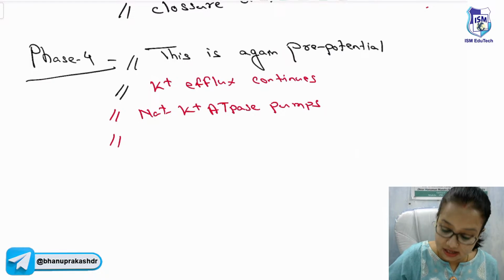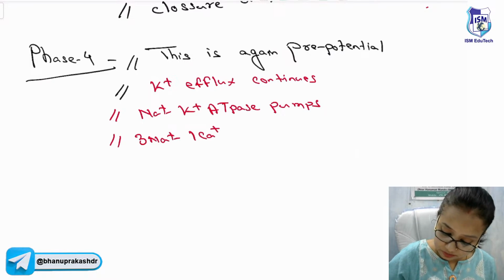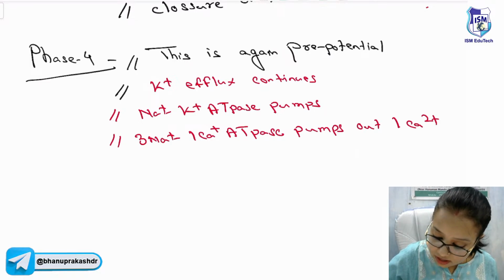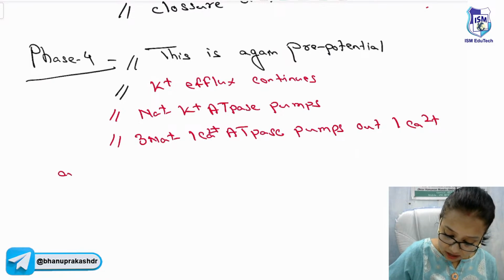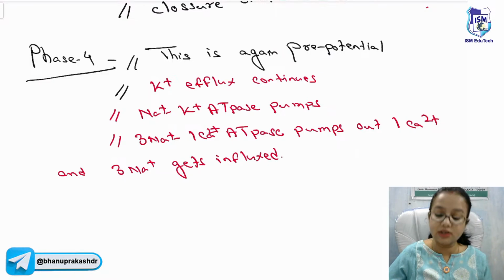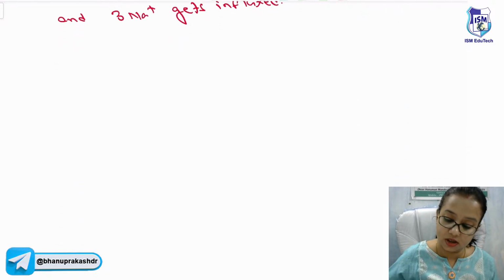So here additionally the calcium sodium exchanger, like 3 sodium and 1 calcium pump or the ATPase, pumps out 1 calcium ion and 3 sodium gets influxed. So that way the phase 4 is again restored back in case of the cardiomyocytes.